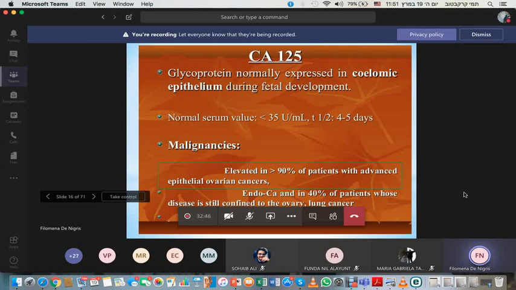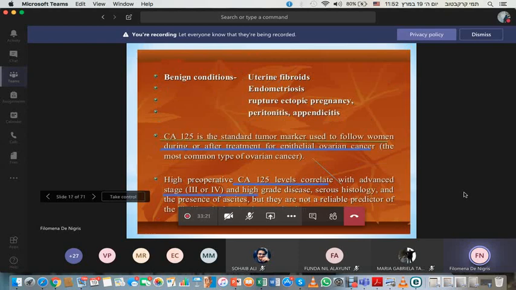So again, we have to ask for this marker when we suspect ovarian cancer, but if the marker is negative, that doesn't mean that the patient hasn't cancer. We are in a gray zone, and we have to wait some days, repeat and repeat, and sometimes ask for more than one marker for the same patient before deciding the treatment and making the right diagnosis.